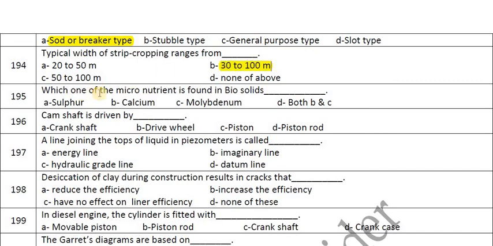Which one of the micronutrients is found in biosolids? So calcium and molybdenum, both are micronutrients. Camshaft is driven by crankshaft. A line joining the tops of liquid in piezometers is called hydraulic grade line.